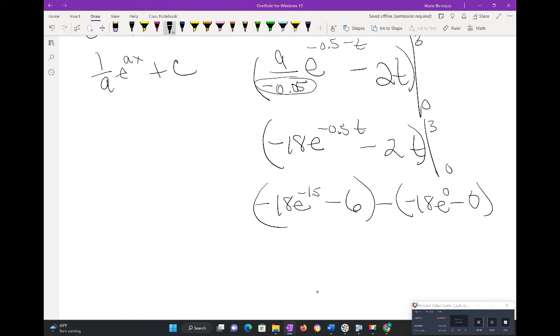This simplifies further. You end up with 12 minus 18e to the negative 1.5. Throwing this into the calculator, approximately 7.984 is what you should get, which represents approximately $7,984 that you should profit for 3 years using the game.